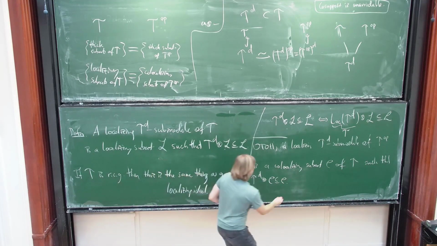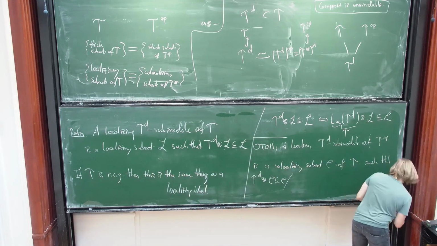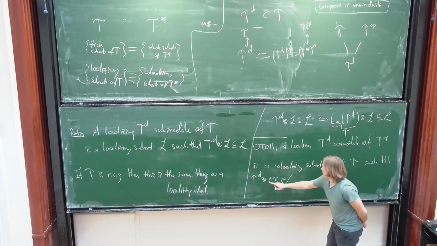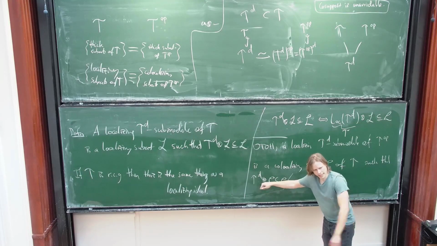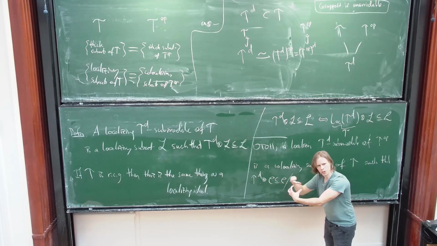But we can give a little argument that tensoring something with a dualizable object is the same thing as taking the internal hom of the dual of that thing.